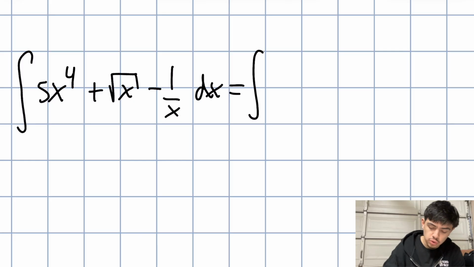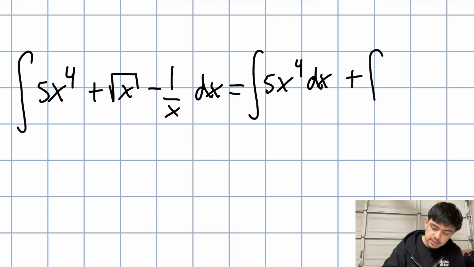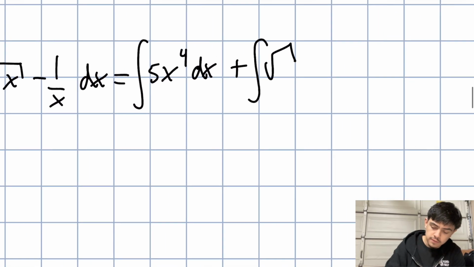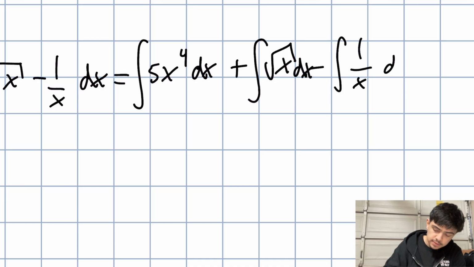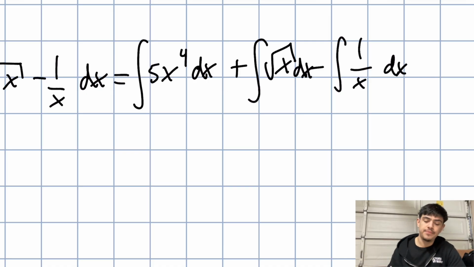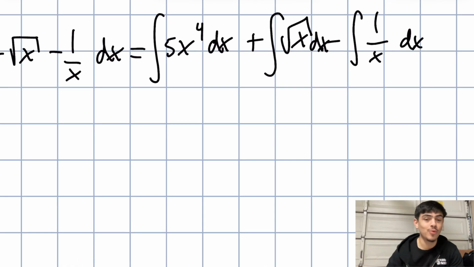So we have the first integral of just 5x to the 4th dx plus the integral of square root of x minus the integral of 1 over x. Sorry, we always have a dx here. Even I forget that. So let's approach these one by one.